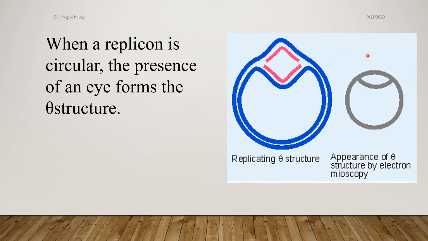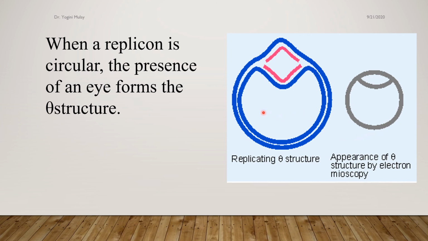But in between this process, whenever the DNA which is actually involved in the replication is circular, then this forms a theta-like structure. You can see the appearance of the theta structure when the DNA replication is in process.